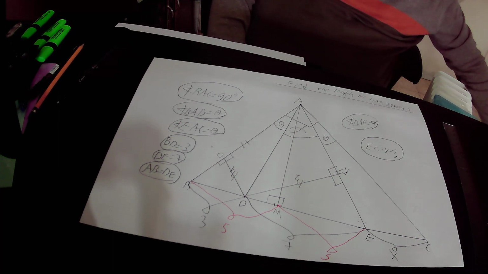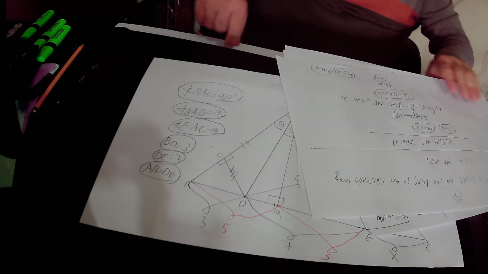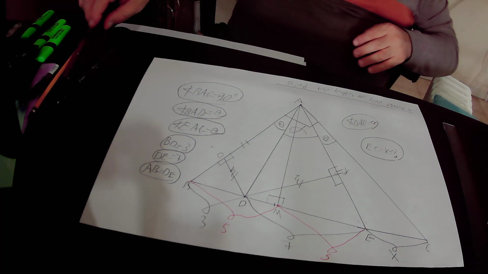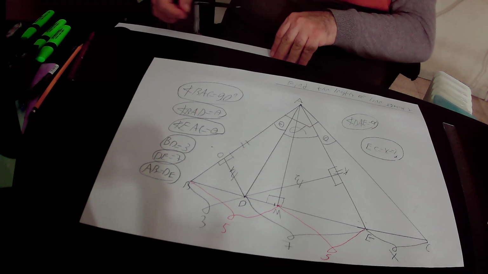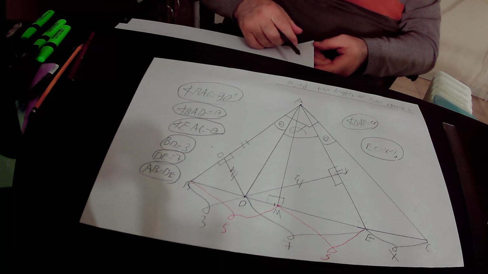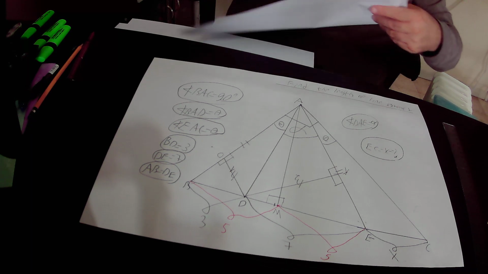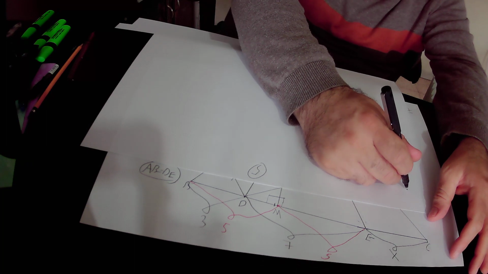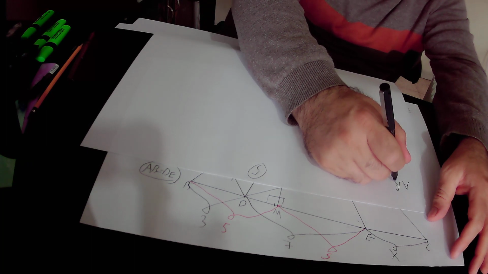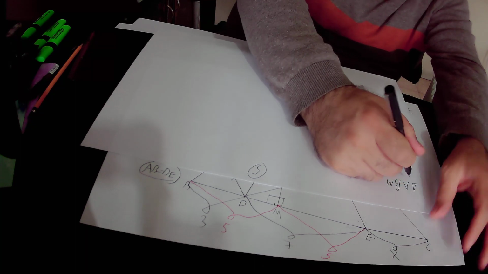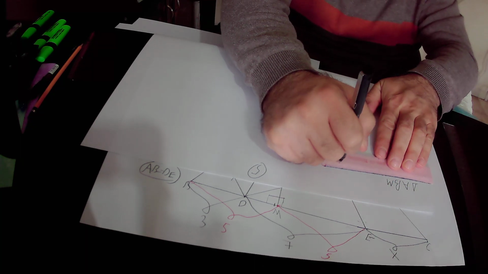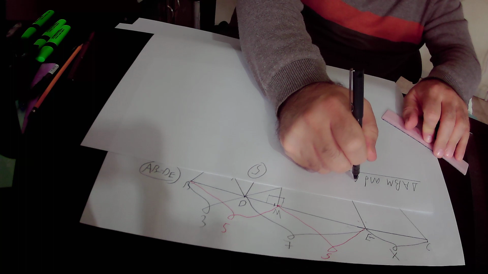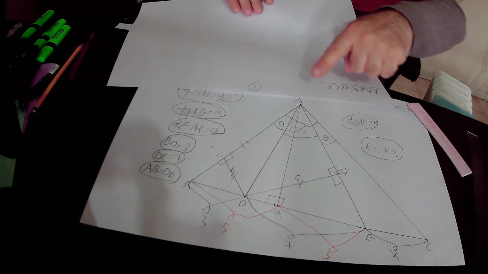So here, we will focus on the right triangle, triangle ABM, and the right triangle AME.